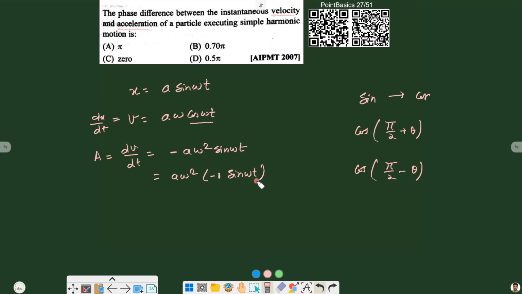These both will be sine, but there will be a slight difference: this will go into the second quadrant and this will go into the first quadrant. In the second quadrant cos is negative, so this conversion will result in minus sine theta, and in the first quadrant cos is positive, so this conversion will result in positive sine theta.